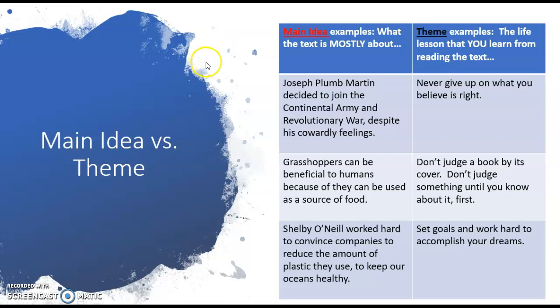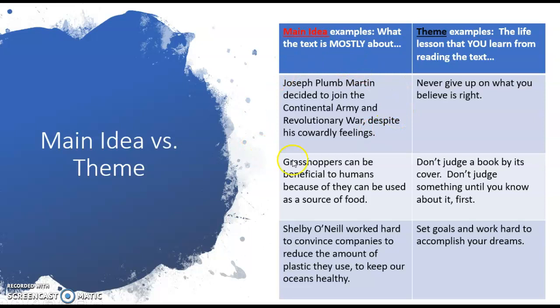So I tried to include the main idea and the theme of some texts that we've read together and a text that we haven't read together. So thinking about the text from last week, Joseph Plum Martin, the main idea of that text could have been Joseph Plum Martin decided to join the Continental Army and Revolutionary War despite his cowardly feelings.